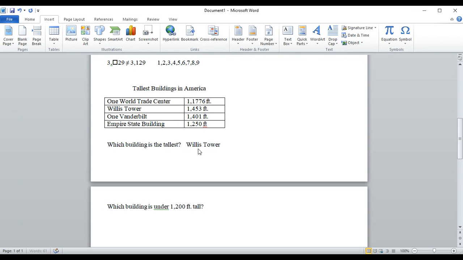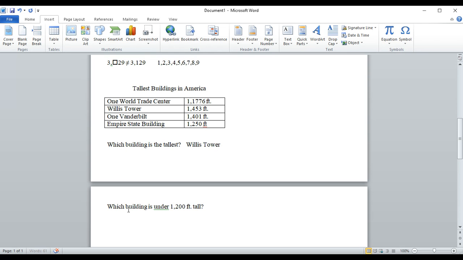You do not want to write down the total number of feet. It doesn't ask you how tall the tallest building is. It asks you the name of the tallest building. So even though I would count that as correct, I would take off a point for not paying attention to what the question is asking you.